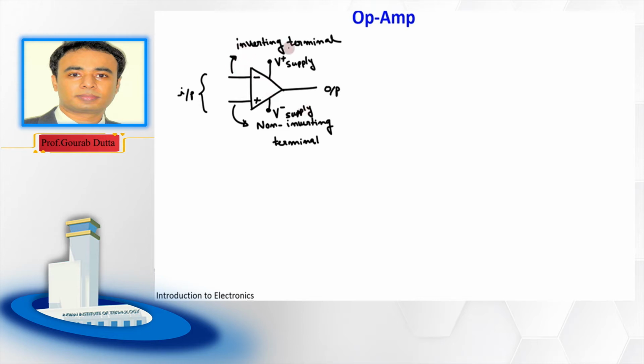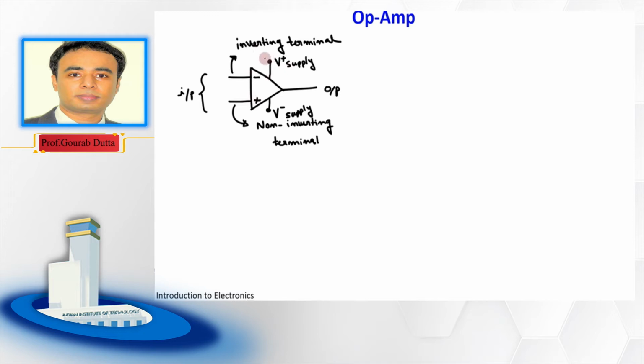So here, this inverting terminal, from the name itself it is quite clear that if you give any signal here, after proper biasing of V plus, V negative, and the output to input connections, which we will discuss more in later discussions, right?